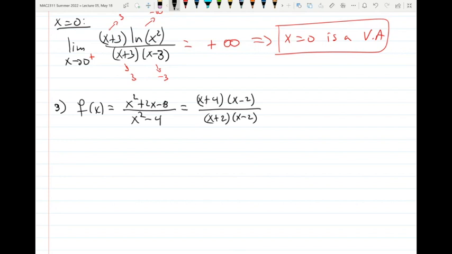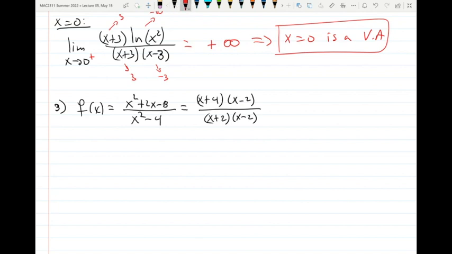But when you take the limit at 2, for example, what's going to happen? You're going to get 0 in both places, 0 over 0. And what would you do? You will simplify, and then take the limit. And then no infinity in your limit. You will get 6 over 4, so 3 halves as an answer for that limit.